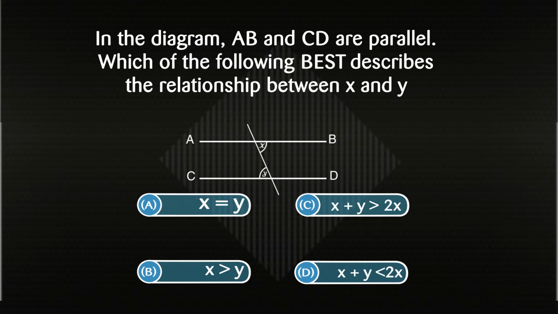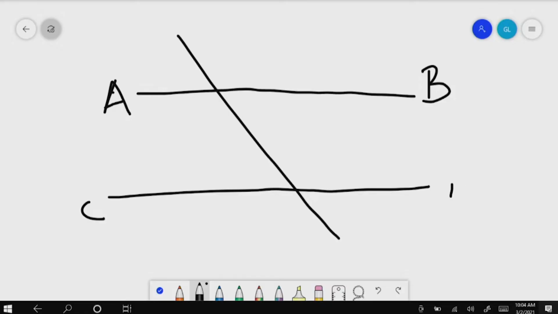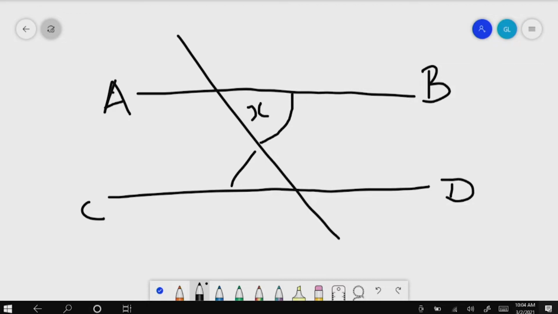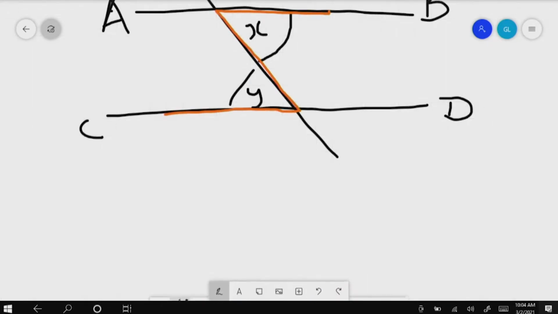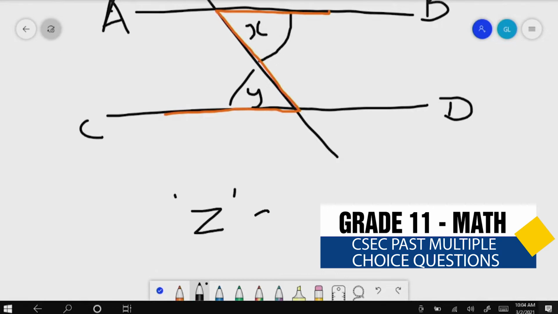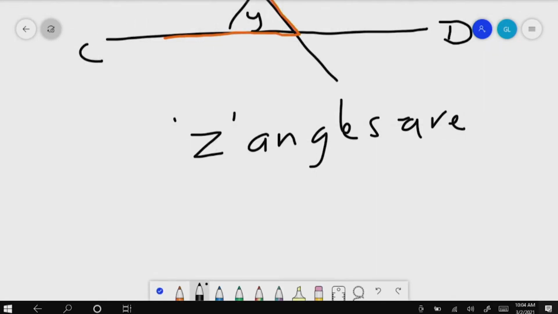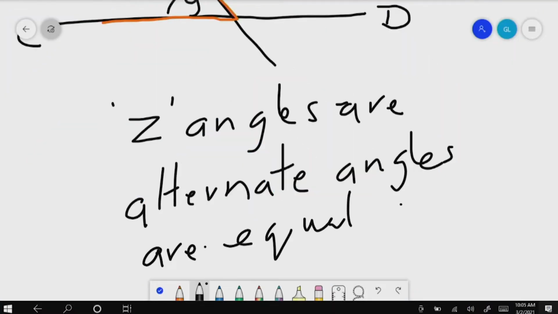Here we have parallel lines cut by a transversal, and they're asking us to make a comparison between angle X and angle Y. If we look at them using the concept of Z angles, we know that Z angles are alternate angles, and alternate angles are equal angles.